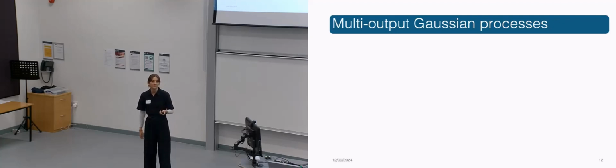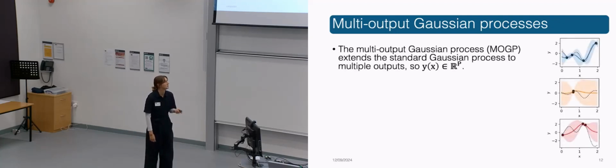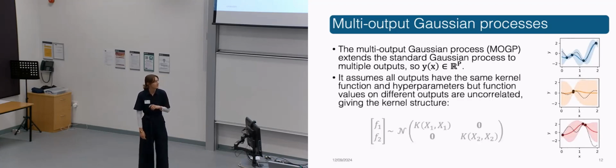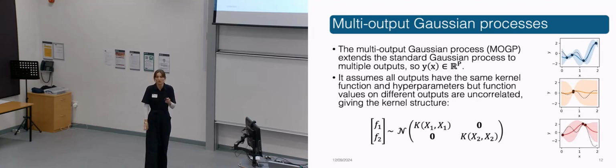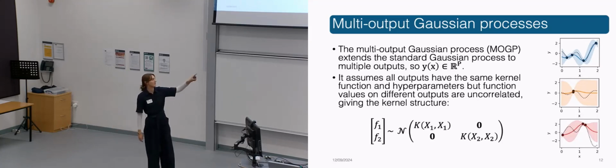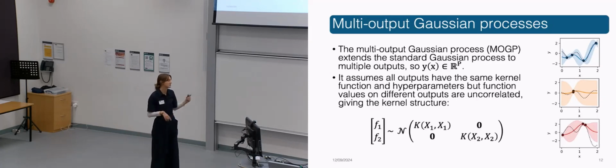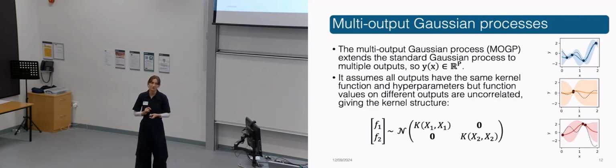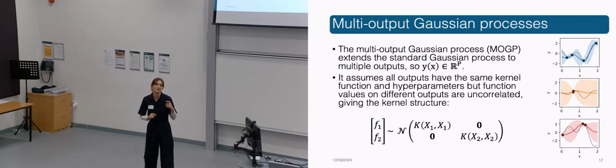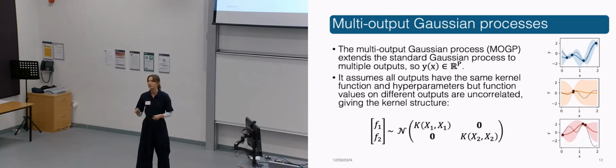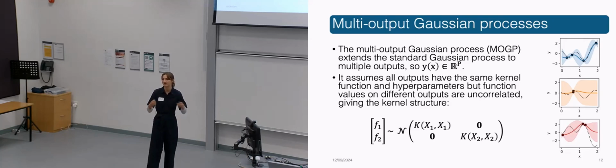So the next GP, the multi-output GP. This is essentially where you have this block diagonal covariance matrix, and this is assuming that all of the output functions have the same kernel and the same kernel hyperparameters, but no information is transferred about function values.